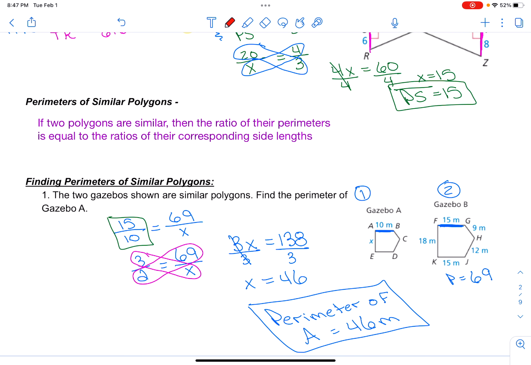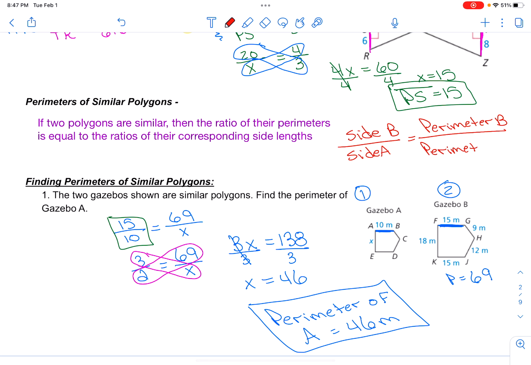So for perimeter, I'm sorry, side B over side A, if I could write, equals perimeter B over perimeter A. Those are kind of helpful equations to be able to see it, hopefully, so when you're looking through these examples later, you can see where everything kind of comes from.